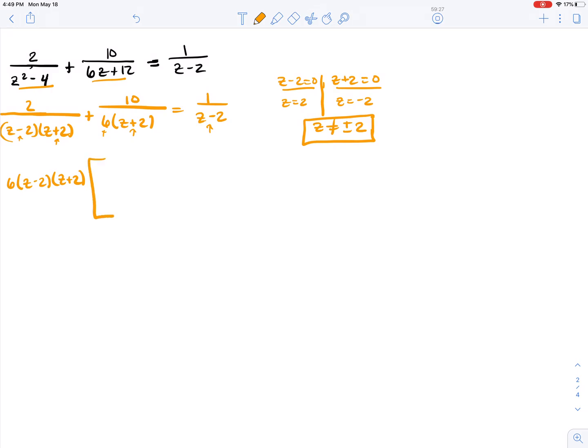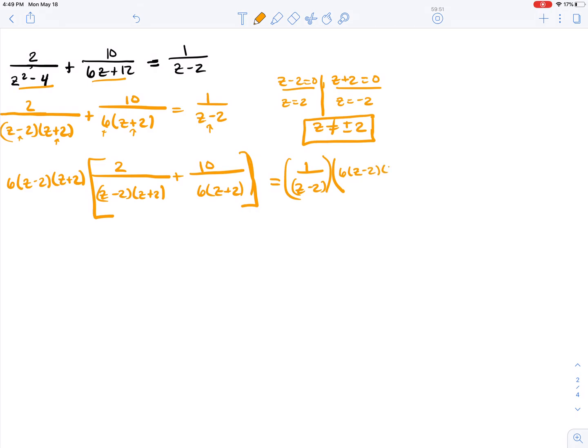My left side is 2 over z minus 2, z plus 2, plus 10 over 6, z plus 2. And my right side, put 1 over z minus 2, multiplied by 6 times z minus 2, z plus 2.